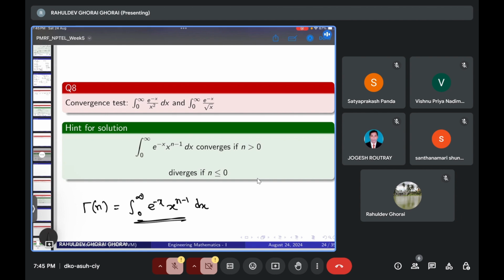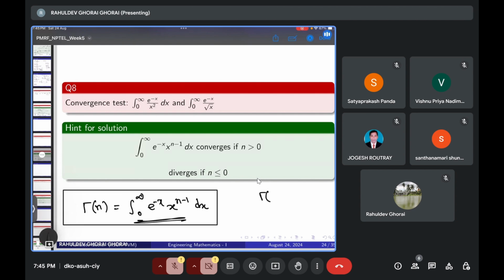No need to prove it, you just have to remember that. This is called the gamma function.